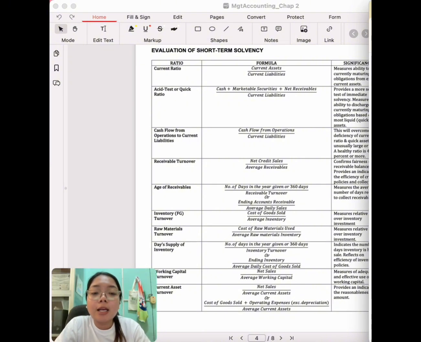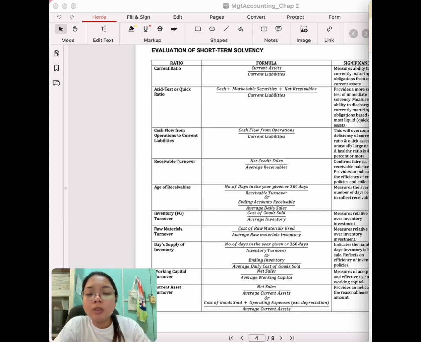So, in our module, it indicates that a healthy ratio is 40% or more. The important idea here is that we are looking at the company's actual cash generated from operations in relation to current liabilities. So, ang tanong dyan is gaano ba kalaki ang operating cash flow compared doon sa current obligations ng company. Okay? Next, we have the receivable turnover.